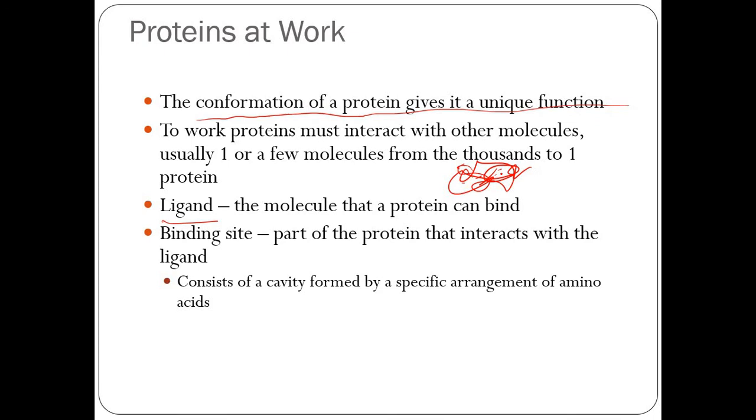And the binding site, as you know, is the specific site where they bind. This is the part of the protein that interacts. This is a specific part. These binding sites consist of a cavity formed by a specific arrangement of amino acids.